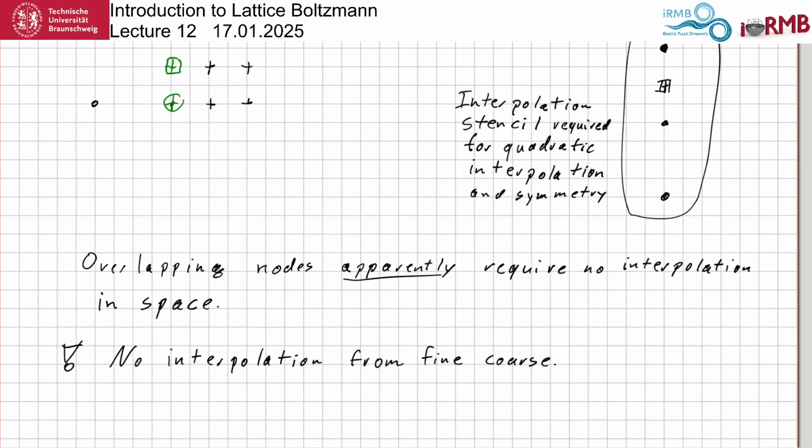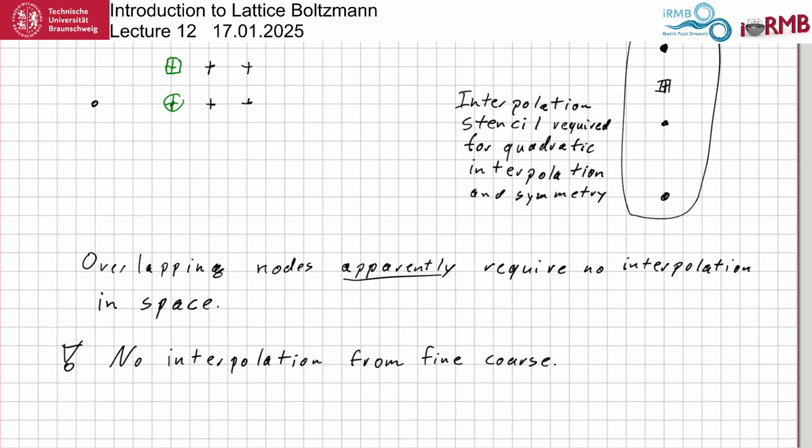So every coarse node in the interface is matched by a fine node. So then you apparently don't need to interpolate from the fine to the coarse grid. You only need to interpolate from the coarse to the fine. From the coarse to the fine, okay, yes. But no way back. And this apparently is a good thing. Do you agree?